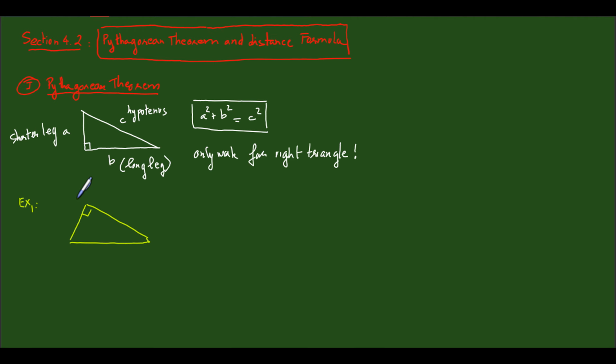So this is triangle ABC, and I say that the length AB is 3, and over here is 4. So I want to find the length BC. So we're gonna apply the Pythagorean theorem, and we know BC is the hypotenuse. Because the hypotenuse is the longest side, and this only works for a right triangle.